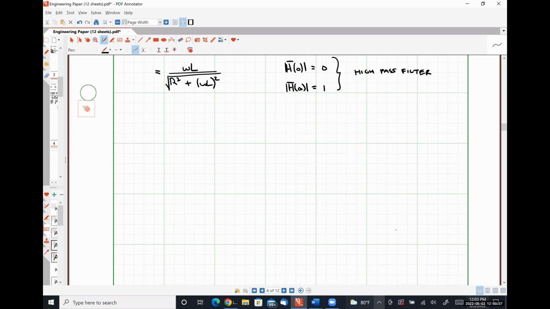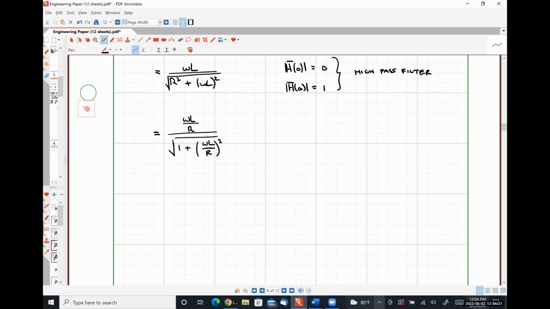So let's play around with some things, okay? Let's say that I have omega L up here, and then I want this down here to look like 1 plus omega L over R. That algebra makes sense?